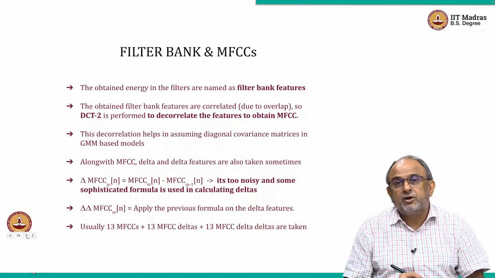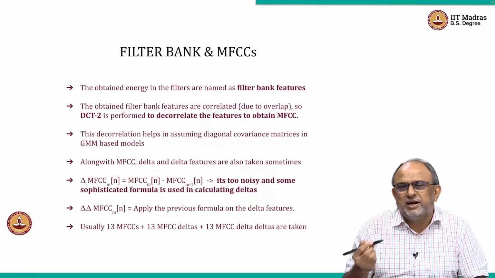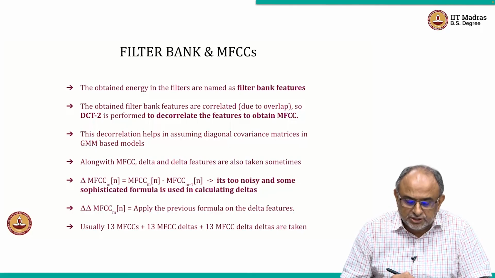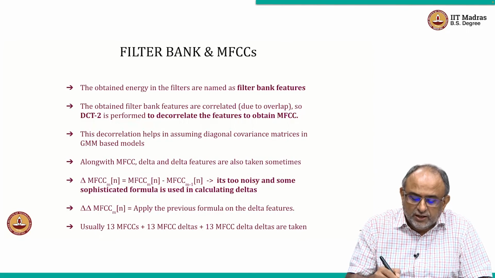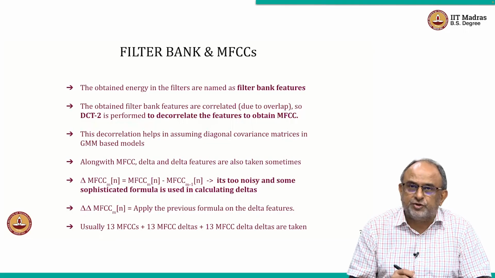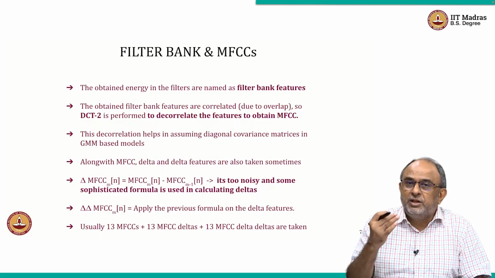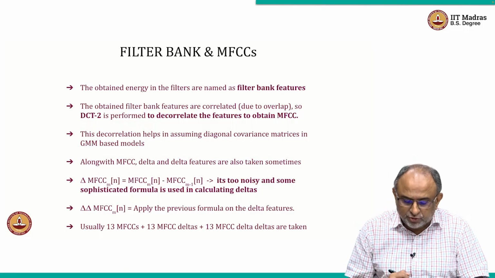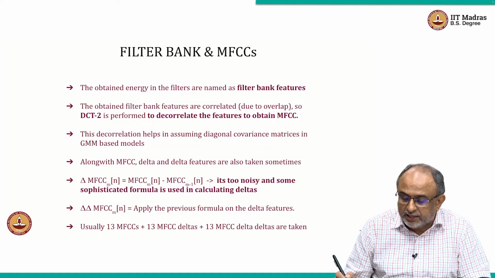So we are going to decorrelate this feature using a DCT2, which is not a Fourier transform but similar to one, where the basis functions are cosines, and then extract the feature. That is why the term is Mel Frequency Cepstral Coefficients, which is nothing but the filter bank coefficients with a DCT operation applied. And then we do something called delta and delta delta. I'll come to that.